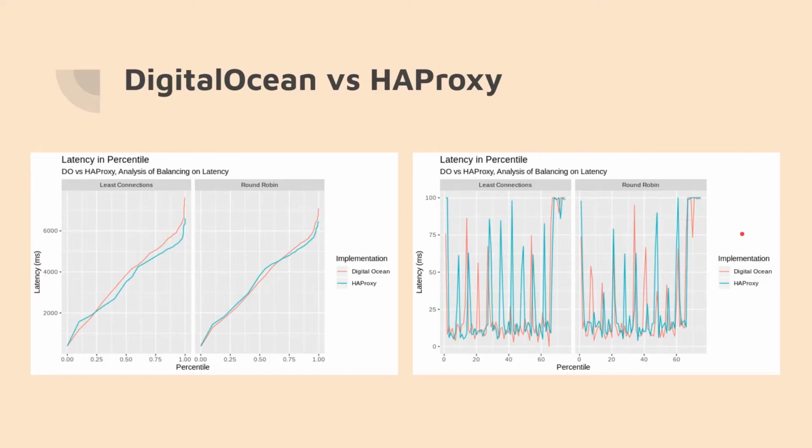However, it would also seem that HA proxy has way more idleness when it comes to least connections, but when it comes to round robin, the idleness is pretty much the same. And honestly, least connection kind of has more idleness, but there isn't a huge difference between the two. So not much can be said over there.